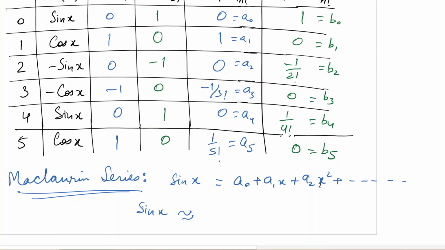Thus, putting in the coefficients, we get the Maclaurin series for sine x, the first few terms. A naught is 0. A1 is x, so we get x. Then A2 is 0, A3 is negative 1 over 3 factorial x cubed, so we can simply write this as minus x cubed over 3 factorial. Next we get plus x to the power 5 over 5 factorial. Then we have negative x to the 7 over 7 factorial, and so on. But since we want to write only the first 3 terms, that is what we get here.